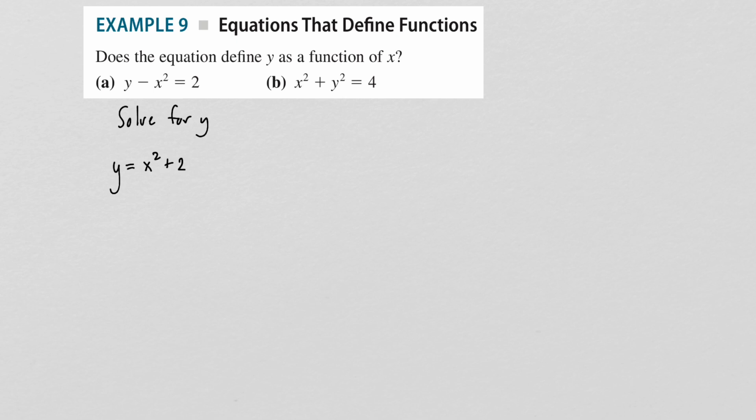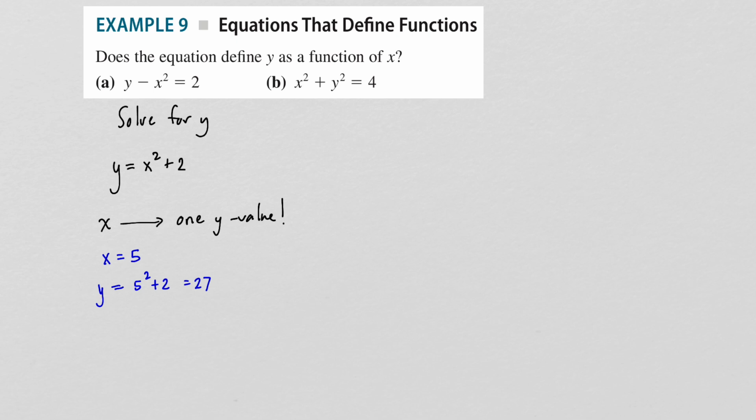And what we need to make sure of is that when you plug in an x value, the function can only give you one y value. It cannot give you more than one y value. So think about this. If I plug in a number like, say, x equals 5, y is going to be 5 squared plus 2, which is 27.